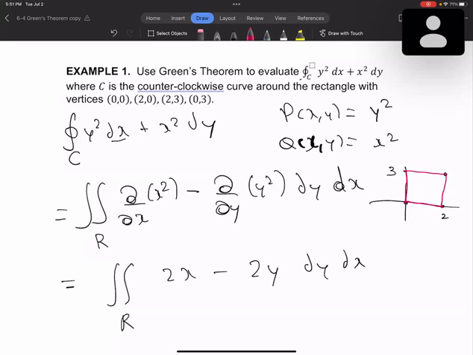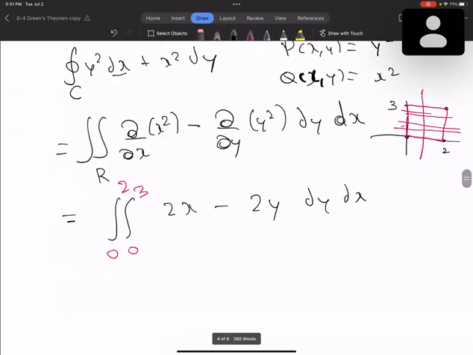So this is easy, because y is moving between 0 and 3, and x is moving between 0 and 2. So we get the integral between 0 and 2, and we have to find the antiderivative with respect to y.